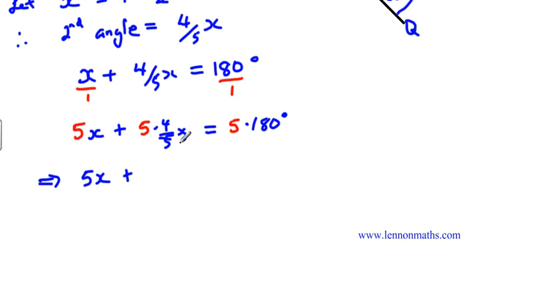Remember, you have a fraction. That's 5 over 1 multiplied by 4 over 5. 5 and 5 goes once. And now we have 1 over 1, which is 1, times 4 is 4. We have 4x. And notice what happened? The denominator is gone. That was the objective in the first place.